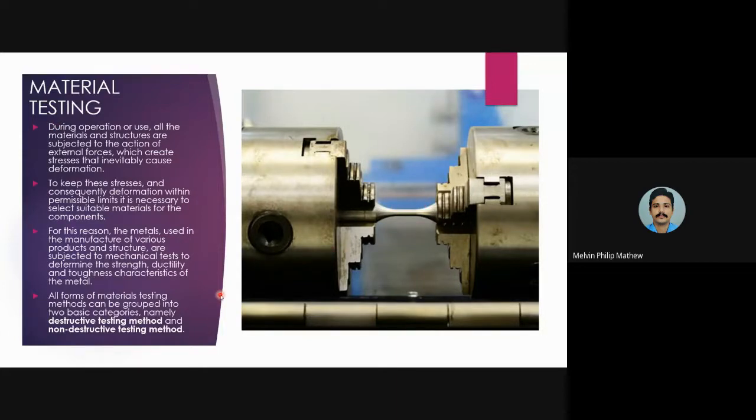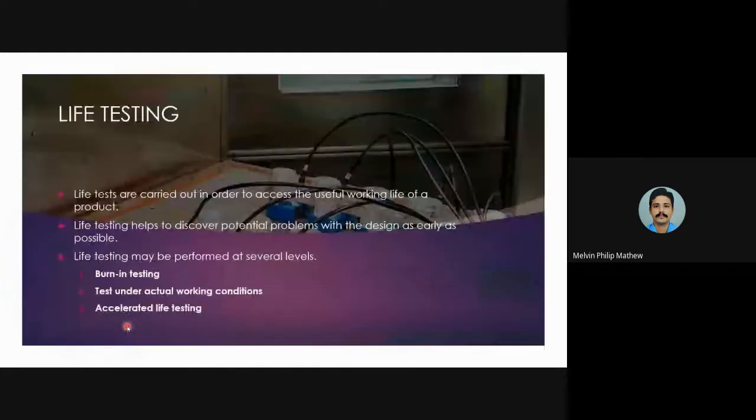Okay, and there are basically two categories. One is known as destructive testing method and another is known as non destructive testing method. So both these testing methods come under material testing. And the last one is the life testing. What is life testing?